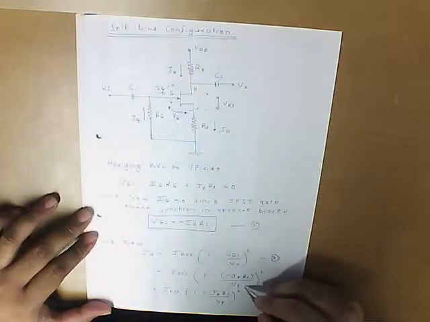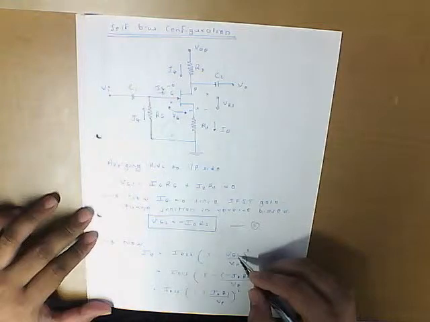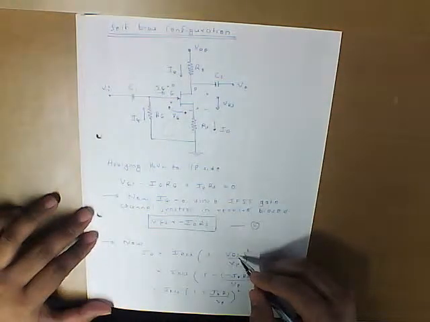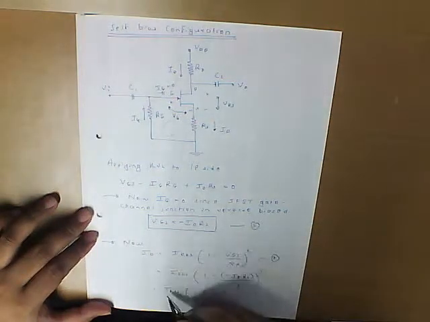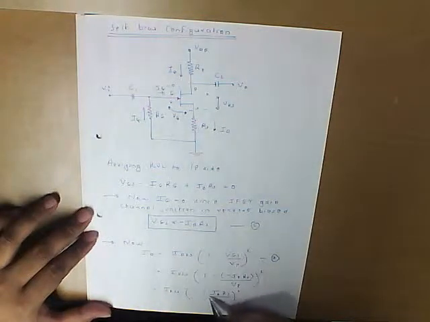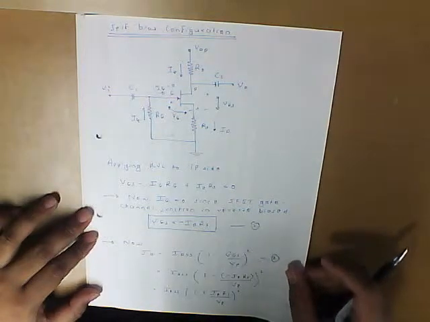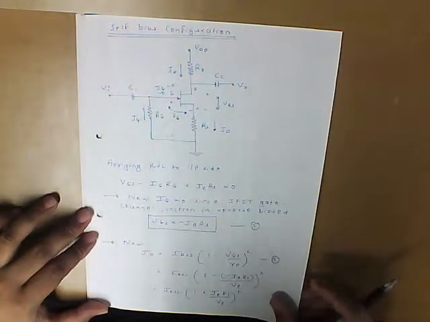VP is always negative and VGS is also always negative. So that leaves us with ID is equal to IDSS into 1 plus ID RS by VP the whole square.